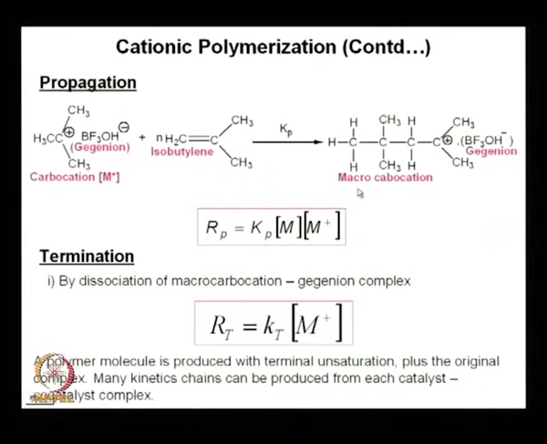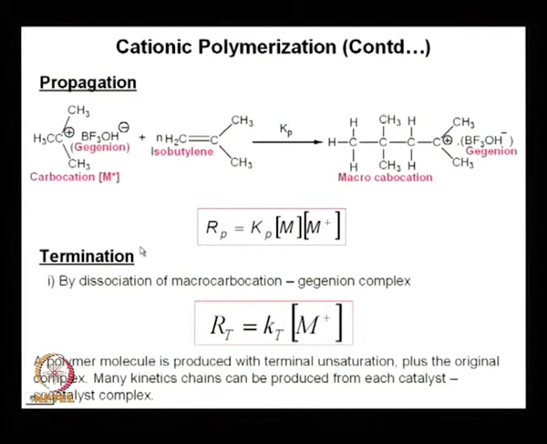As in free radical chain polymerization, estimating the concentration of the growing chain was very difficult because of transiency and the very fast process. Here also it is not possible to estimate the concentration of the carbocation.